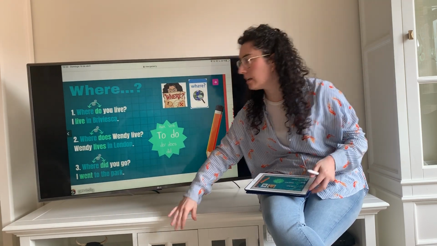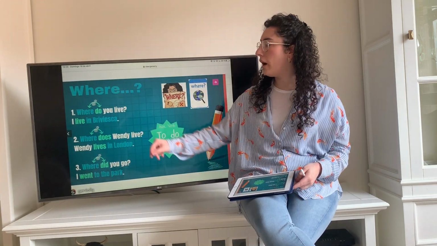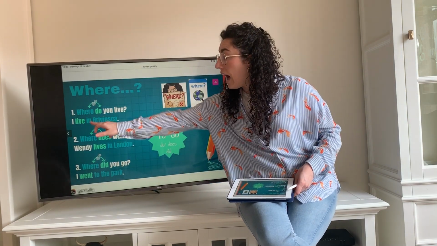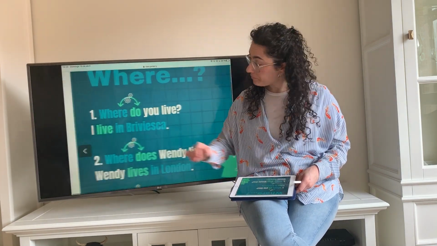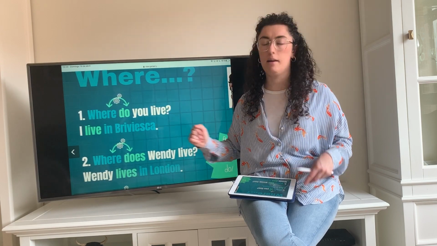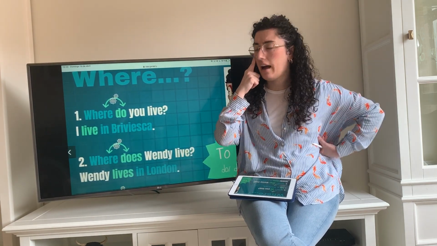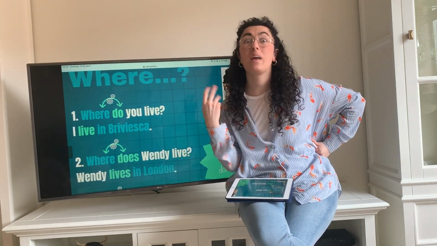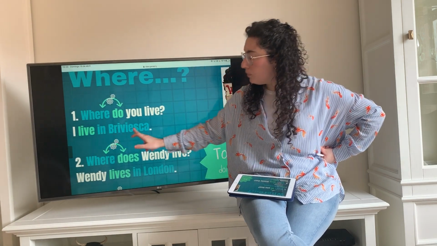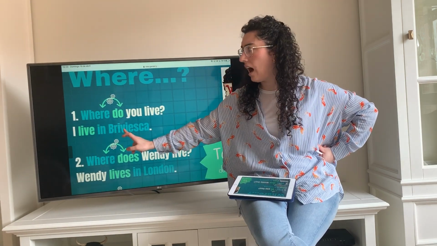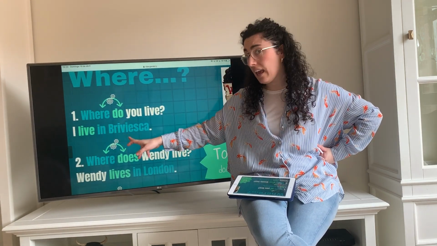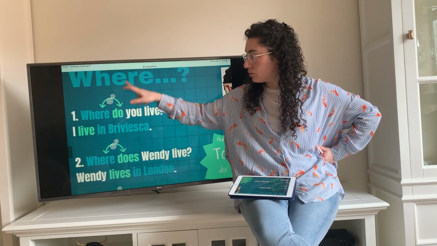Let's have a look at the examples. Example number 1, we have the answer, I live in Briviesca. We have a look at the blue part, "in Briviesca". "In Briviesca" is a place, so we change it for "where".